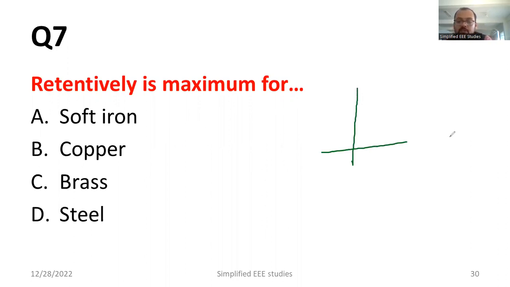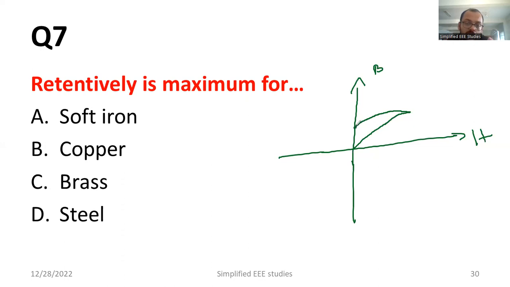If you plot a BH curve, we have magnetic flux density B against magnetic field strength H. Initially we get an almost linear relation up to saturation. Then if you reduce the value of magnetic field strength, the B will not come to 0. B will be holding up to this point. This is called residual magnetism, or what I can say, retentivity.